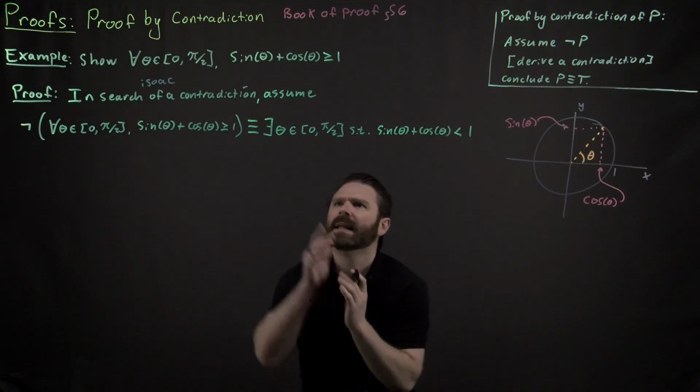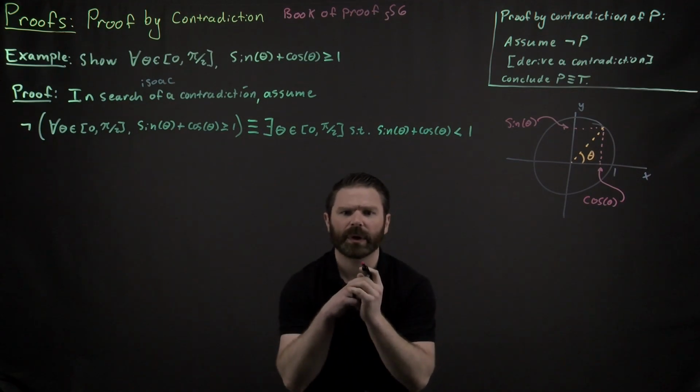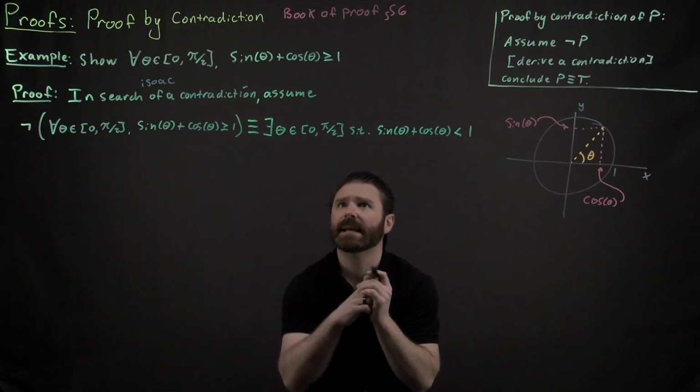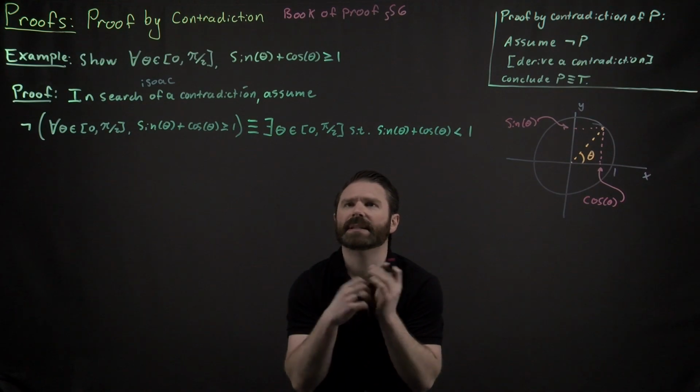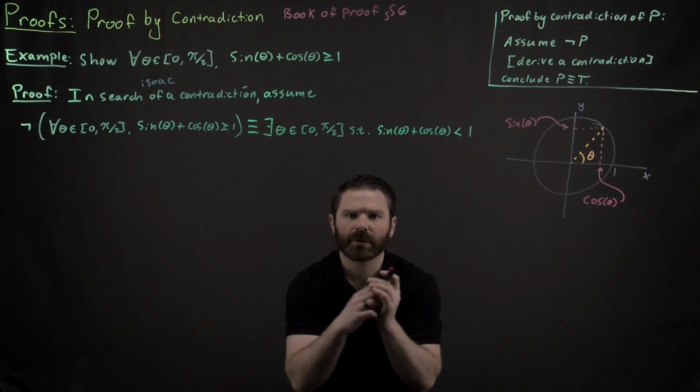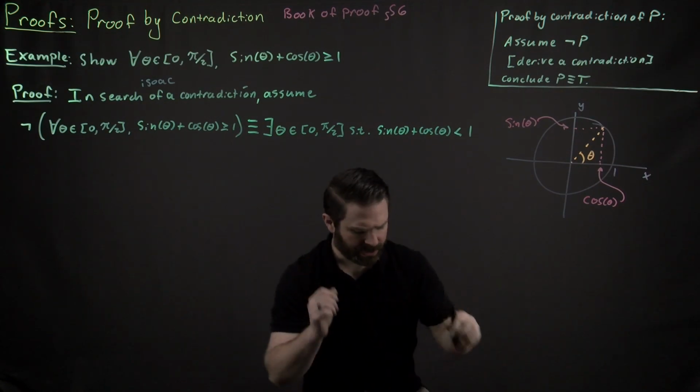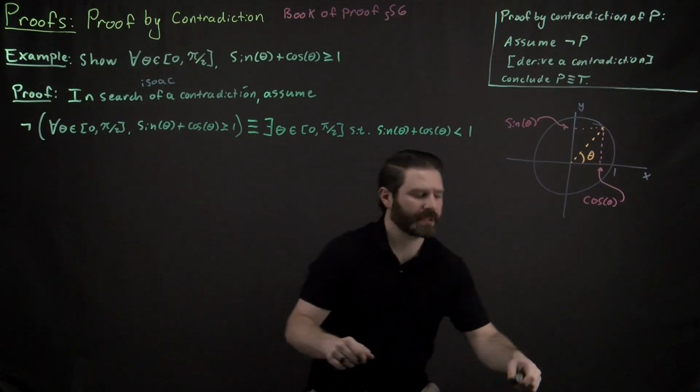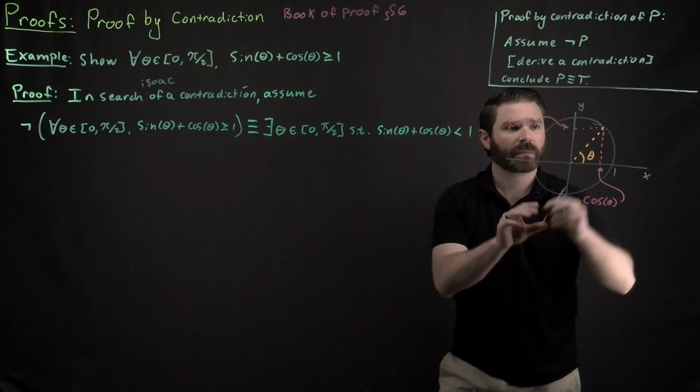And this particular theta that we are supposing exists lives in the interval between 0 to pi over 2.